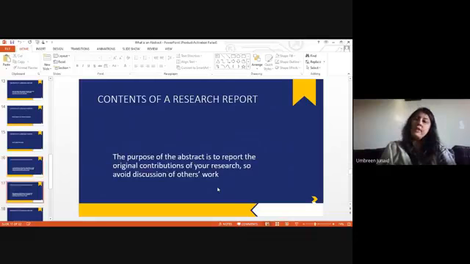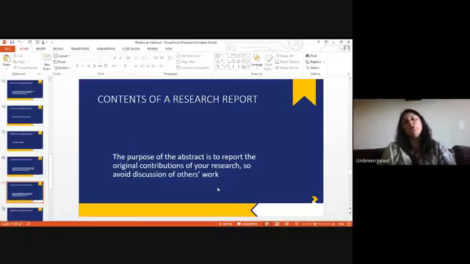The purpose of the abstract is to report the original contributions of your research. So avoid discussion of others' work. This is a mistake that many students make. Sometimes, in an attempt to write the abstract of your work, आप करते क्या हो? You say that this has been done in a research, so-and-so has done research on this topic, and he has added this. Excuse me, you are actually discussing someone else's work.